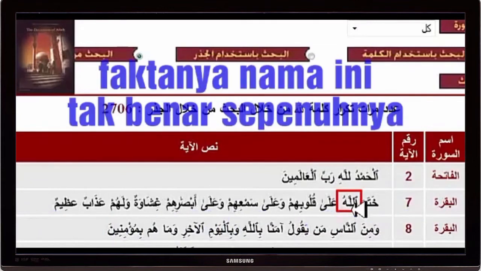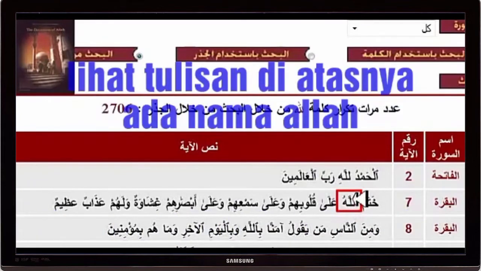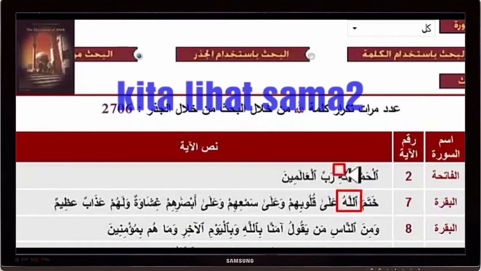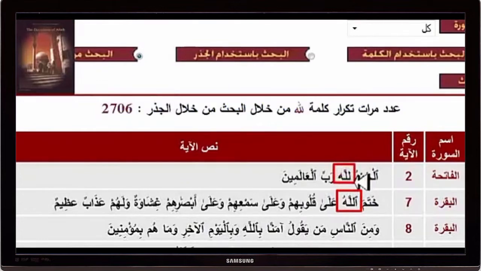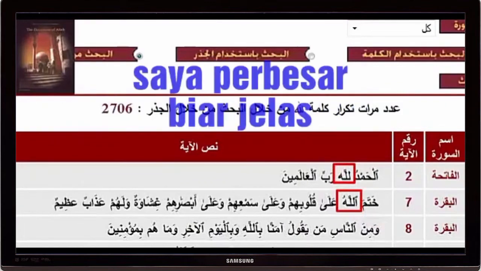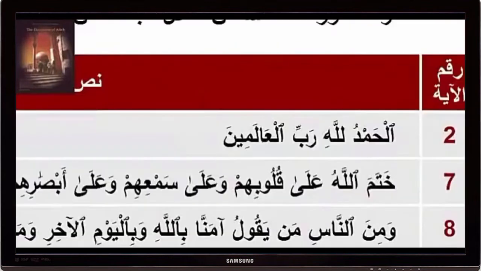You will notice just at the top of it the same name of Allah, but it is coming differently. Look with me. Do you notice what is missing in here? Let me make it bigger so people can see it more clearly.